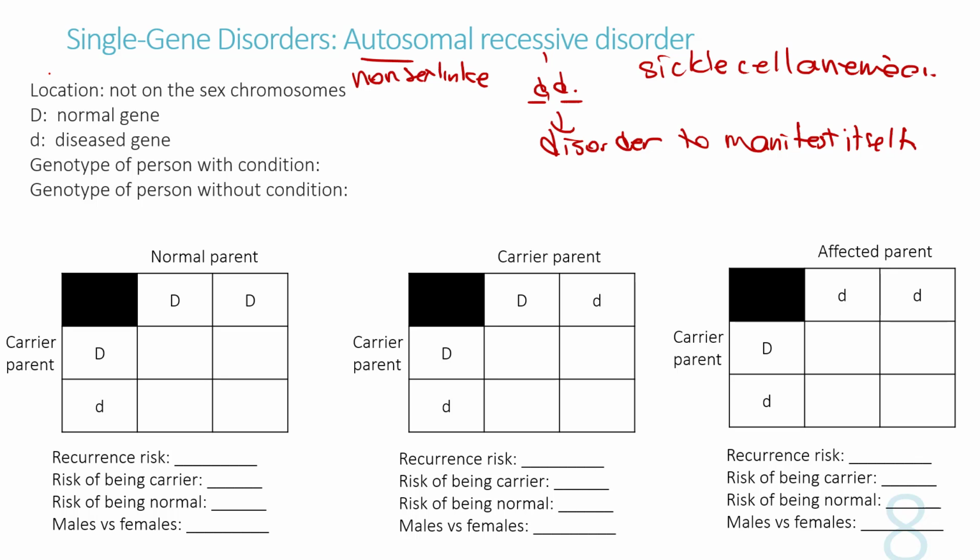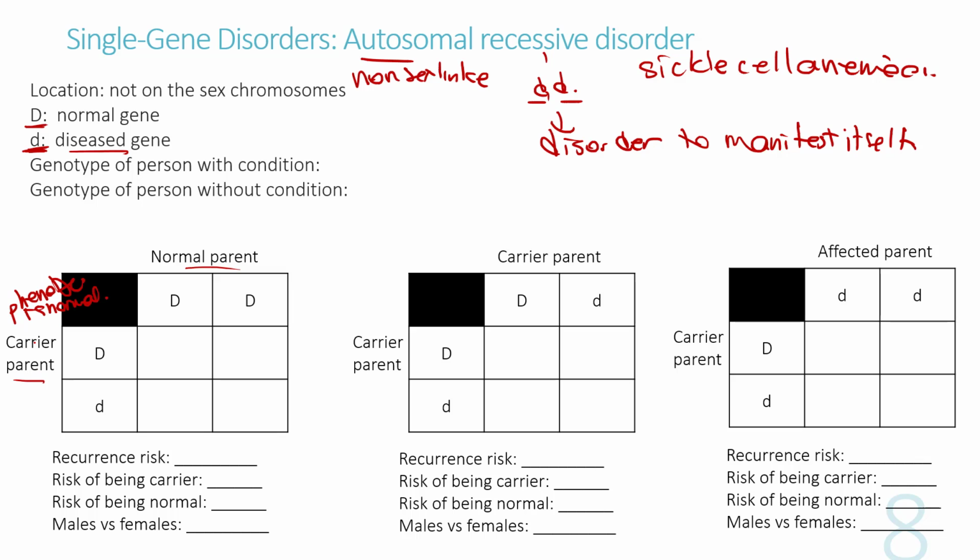So in this case, what happens is the recessive gene is the disease gene, right? And then the normal gene is the capital D. Okay, so again, what you have is a normal parent and a carrier parent. A carrier parent's phenotype is normal, right?